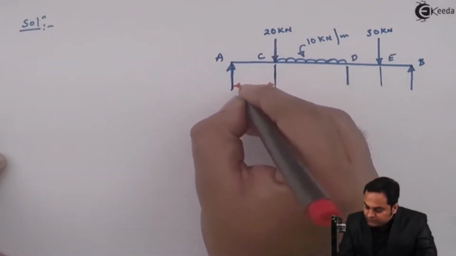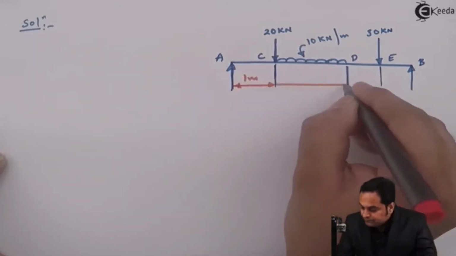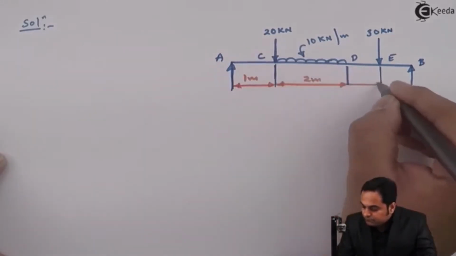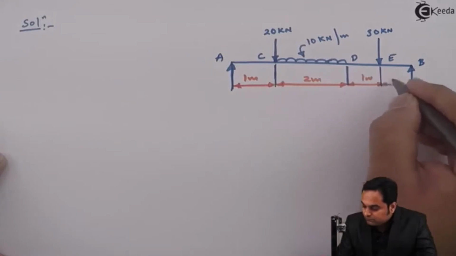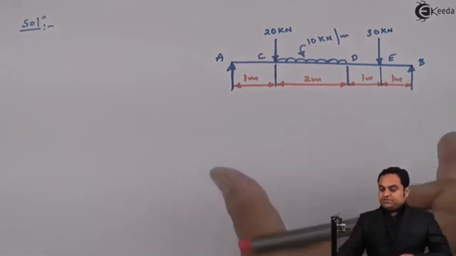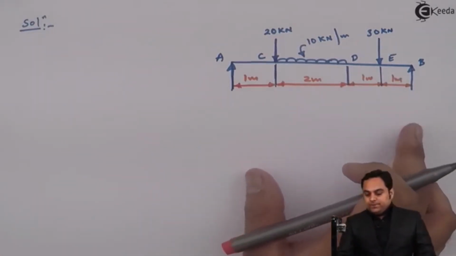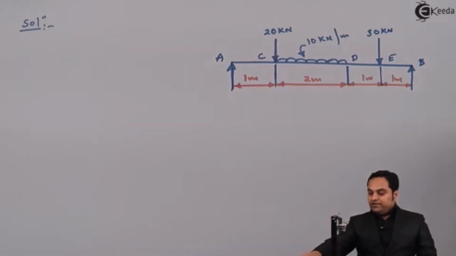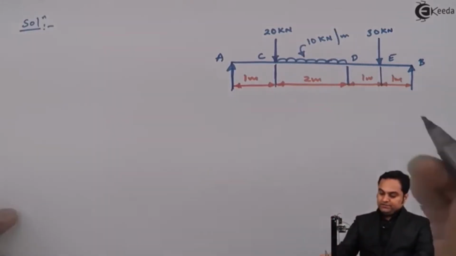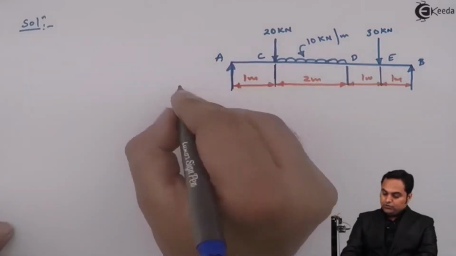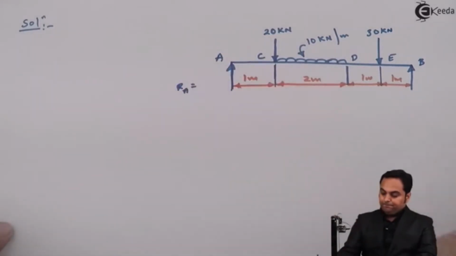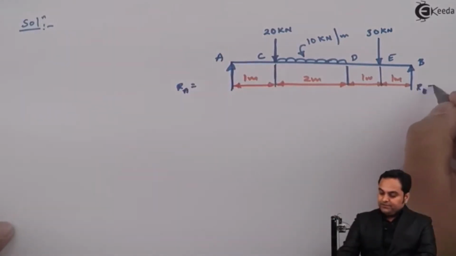I'll mark the distances here. Now, this is the beam which is given in the problem. The first thing is we should calculate the reactions, that is, how much will be reaction at A and reaction at B respectively.